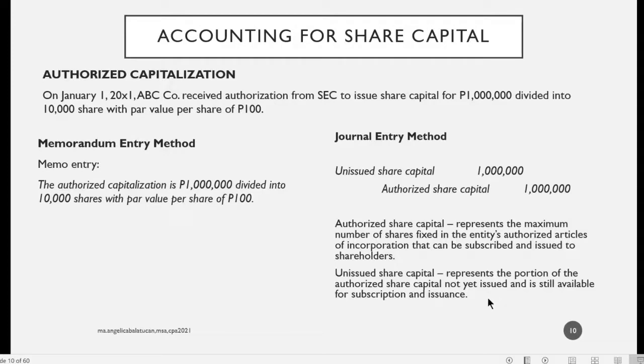So mao ni siya ang wala pa nahalin. Because when we say issue, in consideration with shares, it means ibaligya. So kung mo-issue tag shares, it means we sell the shares. So if it's unissued, meaning wala pa siya nabaligya.